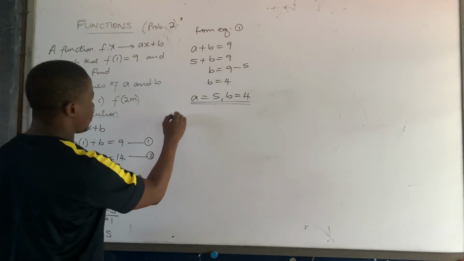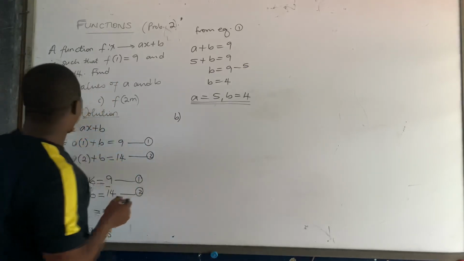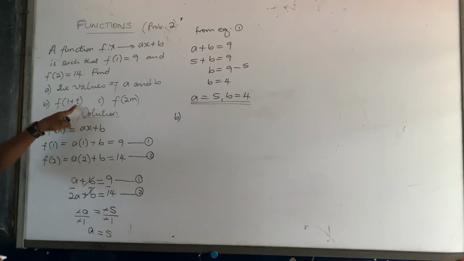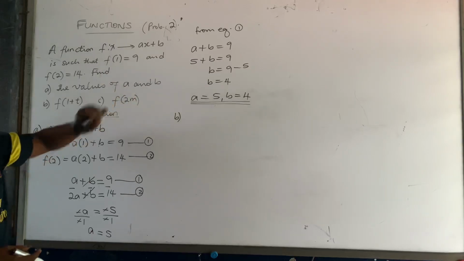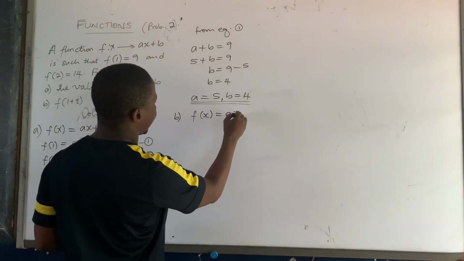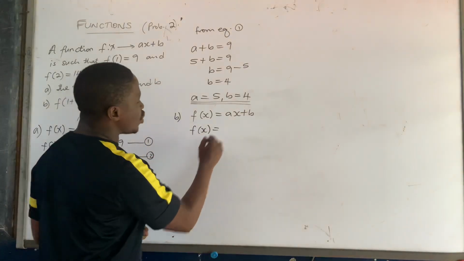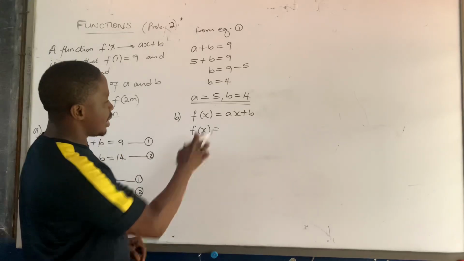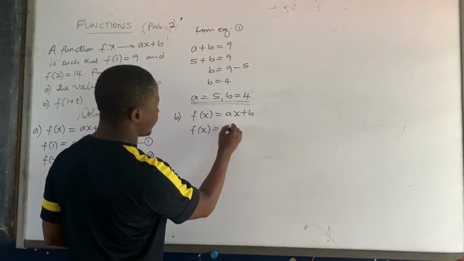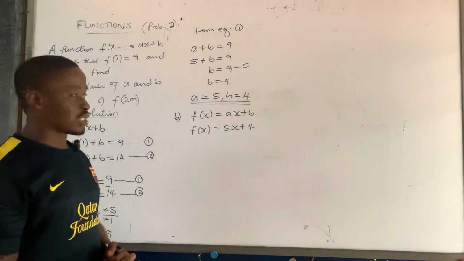So we come to part b of the question. We want to find f of 1 plus t. But we cannot find it without knowing the values of a and b. Originally f of x is ax plus b, but having known a is 5 and b is 4, f of x is 5x plus 4.